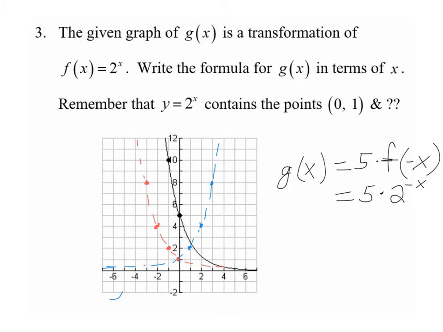And maybe you even went further and you wrote it as 5 times, if you think about that, there's a negative 1 on that exponent, so this actually could be also written as 5 times (1/2) to the x power, right? Maybe put parentheses around that. There we go.